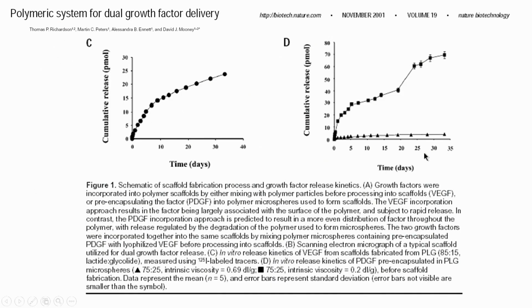with this. So, in this case now they are doing a cumulative release from this polymer of that growth factor. So, what they are seeing is if you encapsulate the growth factors into the polymer scaffold, you get a certain type of release.